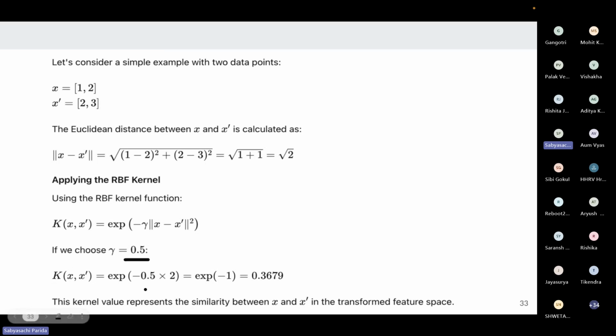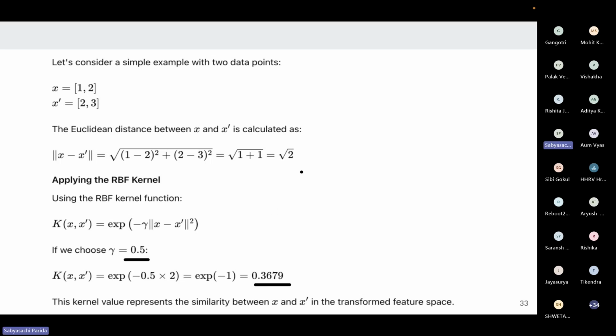Using the radial basis function, I found 0.3679 is the value for these two data points. That means these two data points are in a larger dimension space, and they are 0.3679 apart from each other.